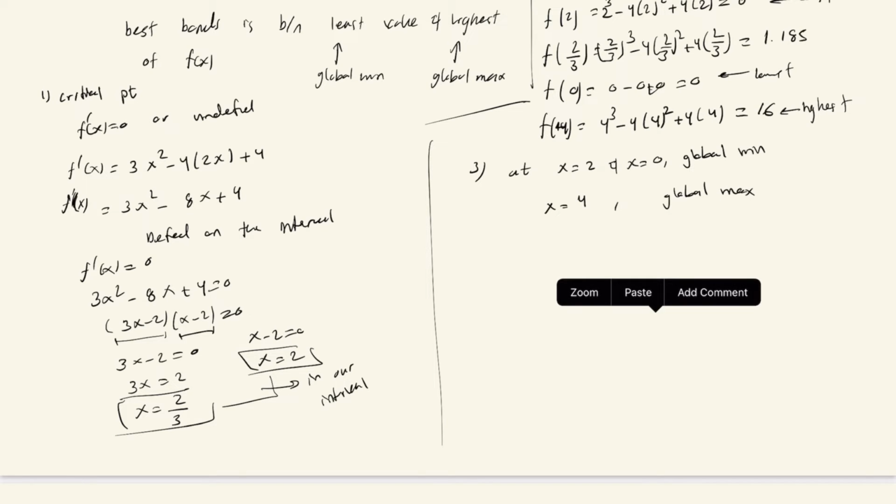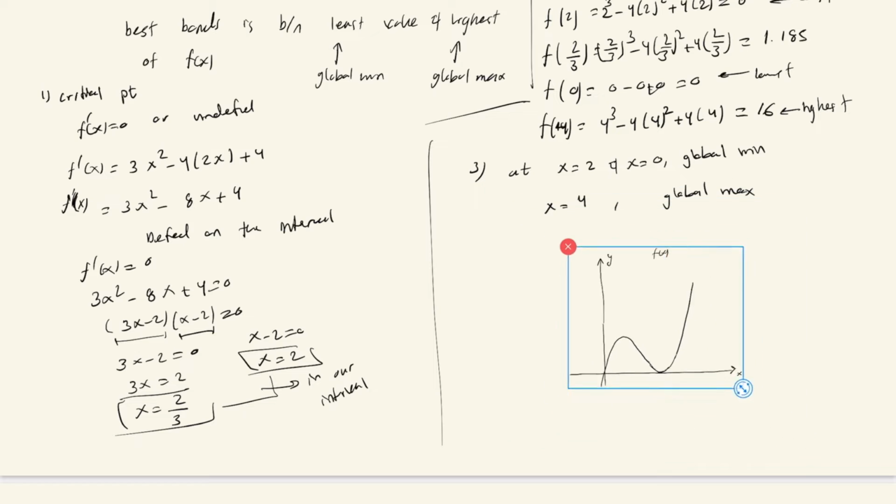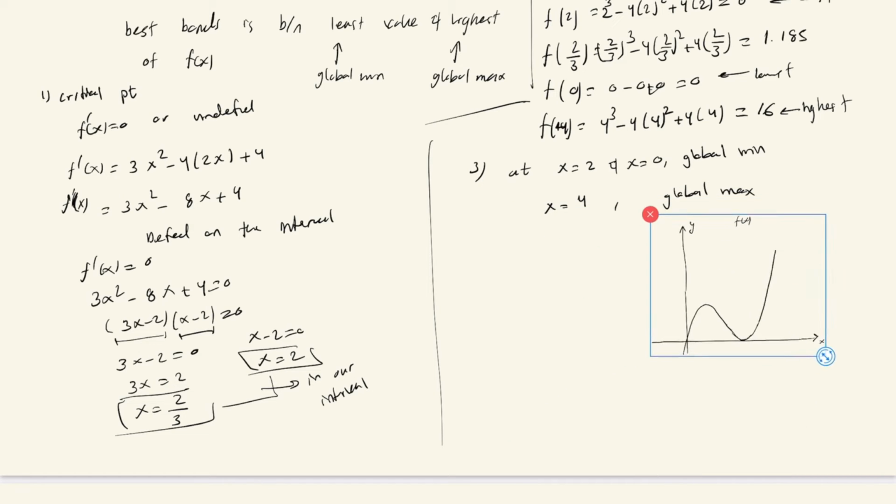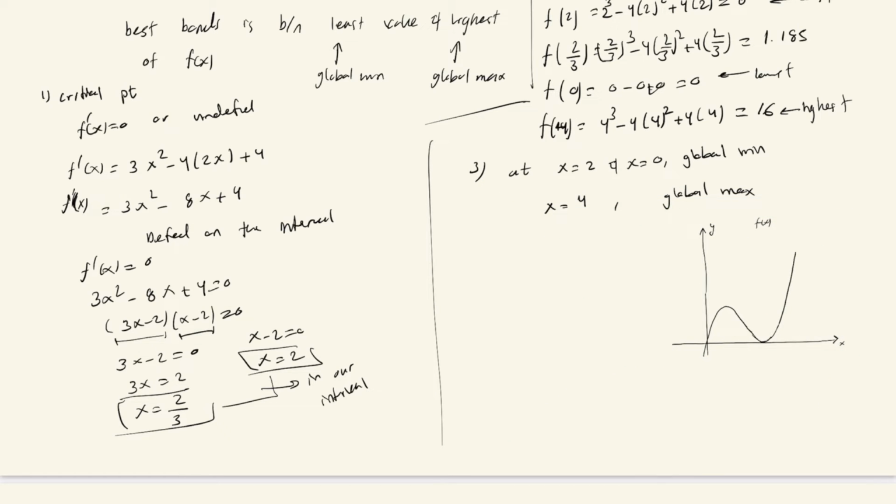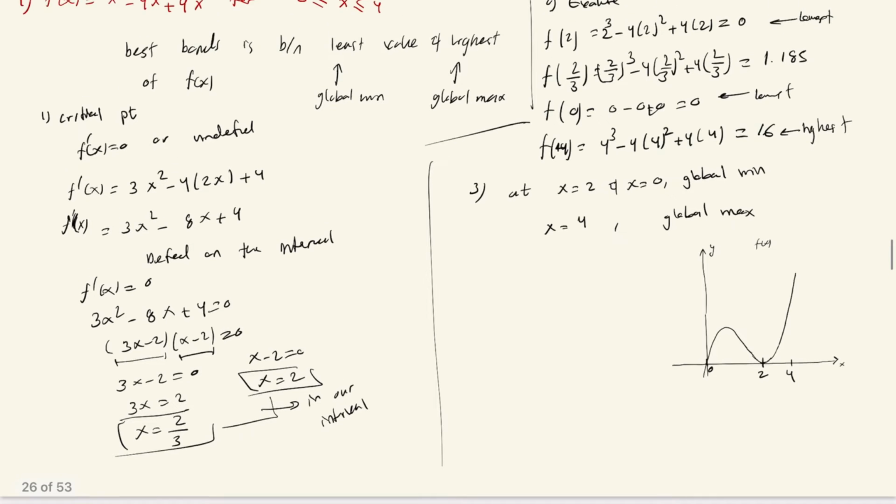Now this is the graph of the function of x, and notice our interval. We are going from 0 to 4. Note that at the values of 0 and 2, the value of the function is 0.